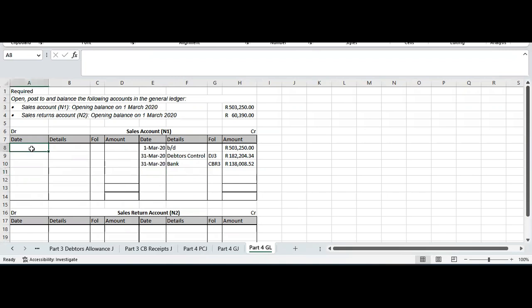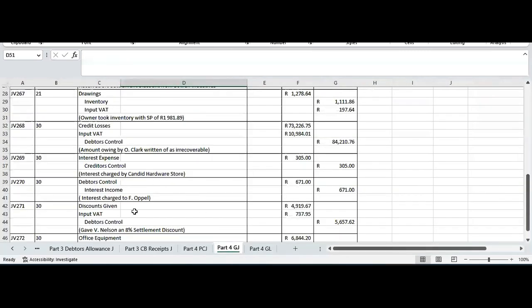What happens on the debit side? Well, at the end of the month, if we look at our credit losses that were recorded in our general journal for Mr. Nelson, that amount can be seen in that general journal. So let's have a look in our general journal when we had our credit loss.